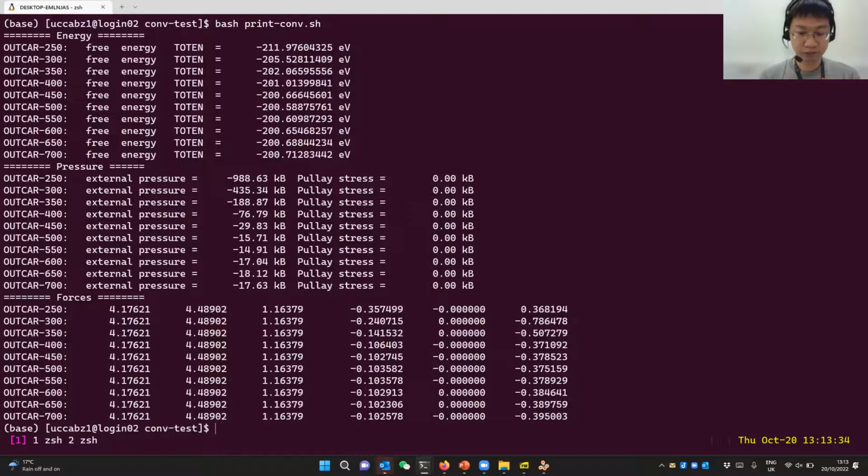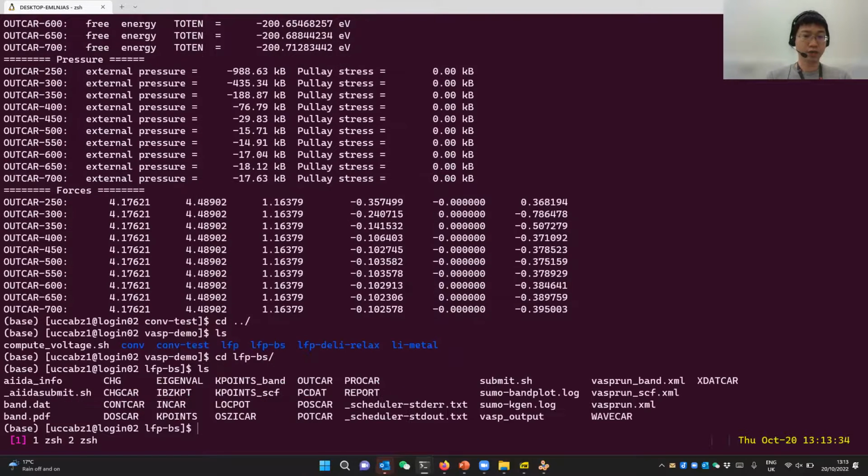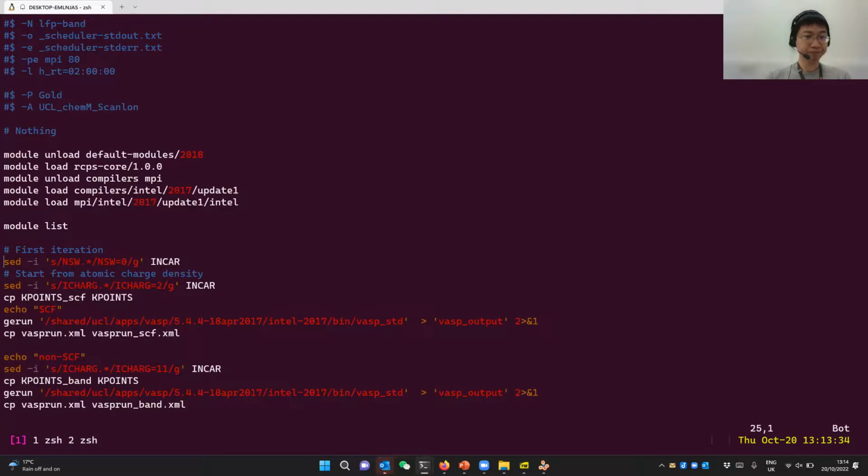The other thing is the band structure calculation, which you have to start from a relaxed geometry, and this requires two calculations. First you calculate the charge density.